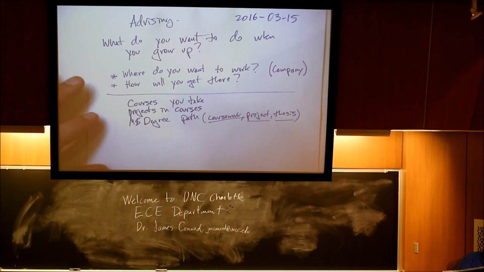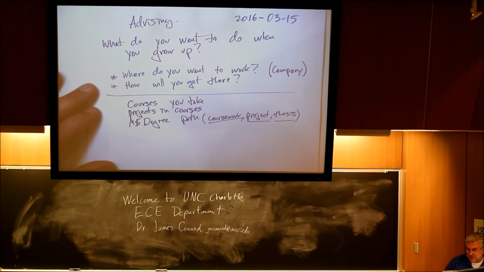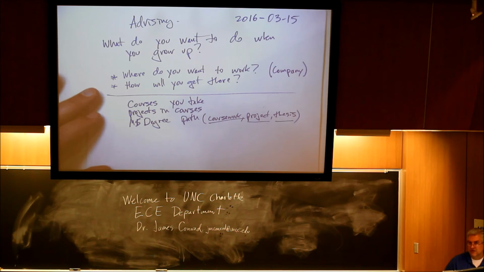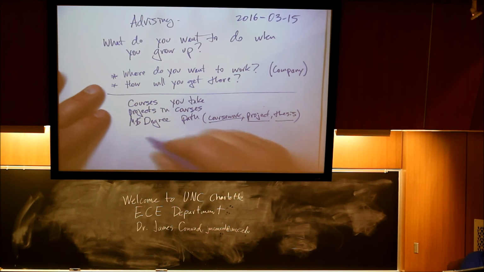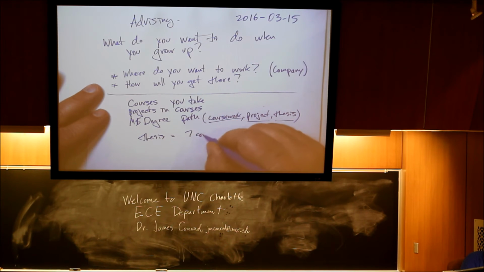Now, for this class, I think I have discussed what each of these is, right? What you have to do for each? Yes? No? Yes. All right. I'll tell you what, for the recording, I'll do this really quick. Thesis: 7 courses, and then 9 hours of research, 2 years.